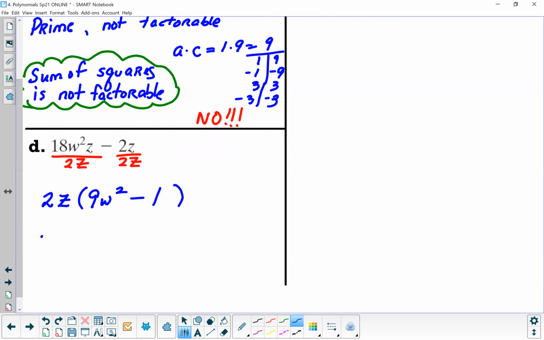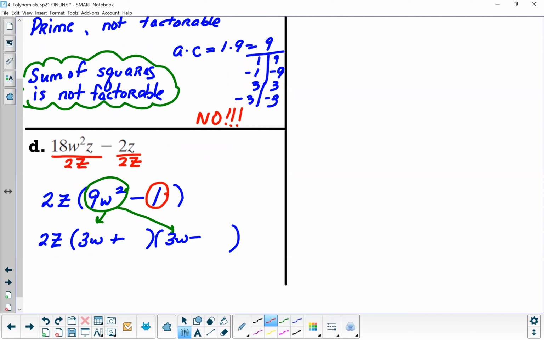And I want to encourage you to use the pattern that I have been impressing upon you. So using the pattern, we can just guess and check. Using the 9w squared, we get 3w and 3w plus minus, and then the 1, that's so easy, 1 and 1. There we go, we're done. Fully factored.